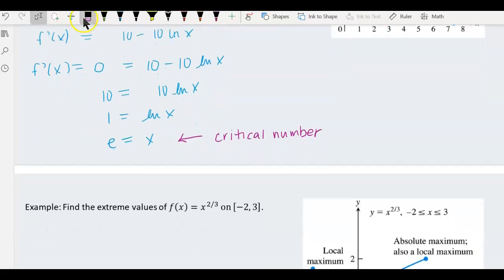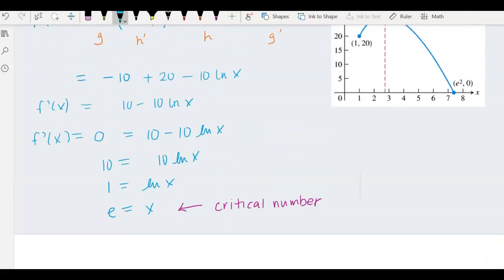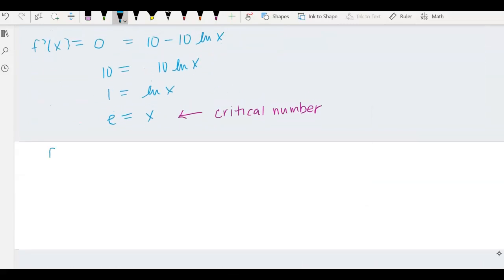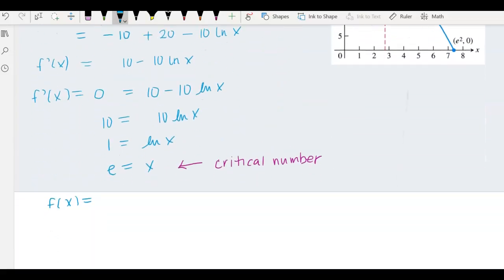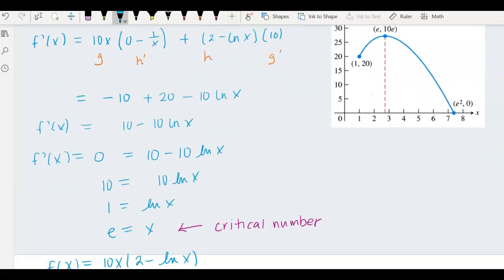So what we're going to do now is take that critical number and the endpoints and plug them into the original function to see what gives us the max and the min output values. So again, the original function was 10x times, oops, 2 minus natural log of x. Just double check. Yeah.